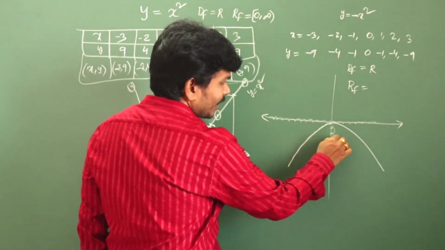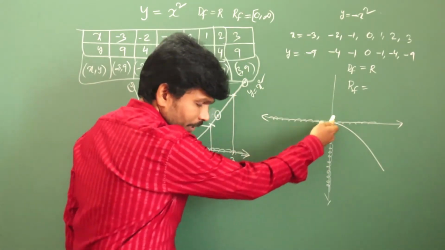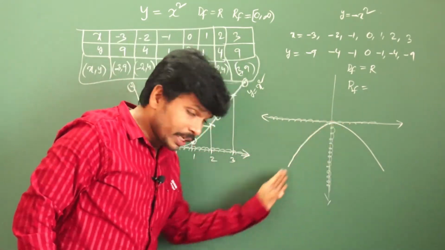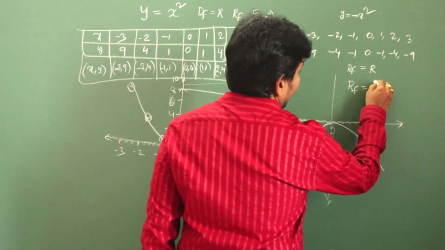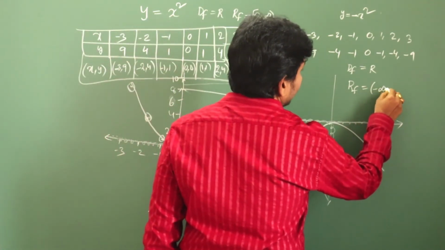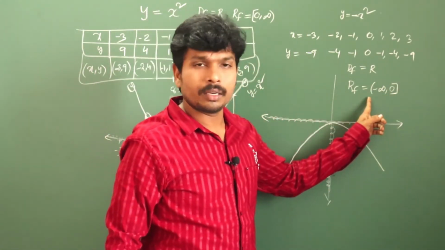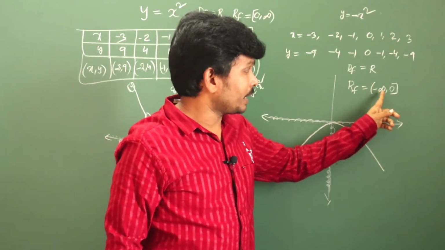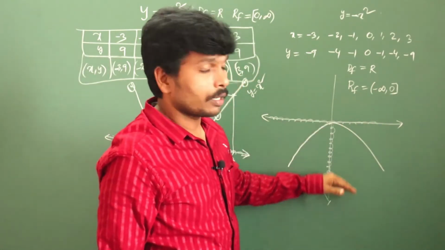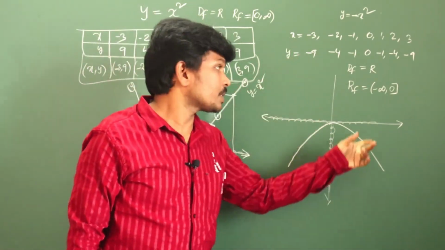The entire graph is below the x-axis. Below the x-axis means all are negative values only. It moves indefinitely. So that's why your values are minus infinity to 0 closed. Minus infinity is open, you shouldn't take it. So from minus infinity to 0 are the output values. Means output is always negative, otherwise 0.